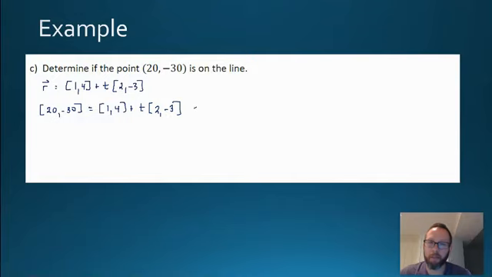If we break this up into its x values and y values, for the x values, we have 1 plus 2t. For that value of t, it needs to give me 20. And then that same value of t would have to give me -30, which is 4 minus 3t. So let's solve those two equations and see if we get a value of t that works.